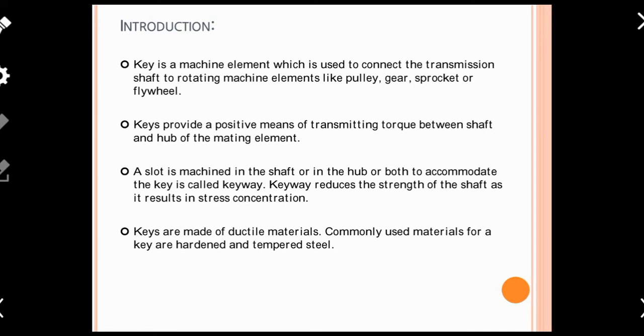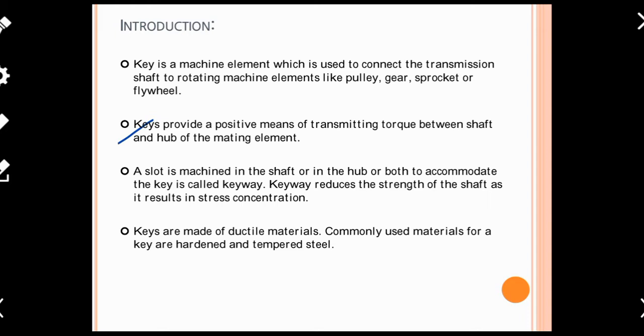That is the simple and sole function of any key. Generally, if the shaft rotates, then the key will of course get rotated, and ultimately the key will rotate the rotating members.